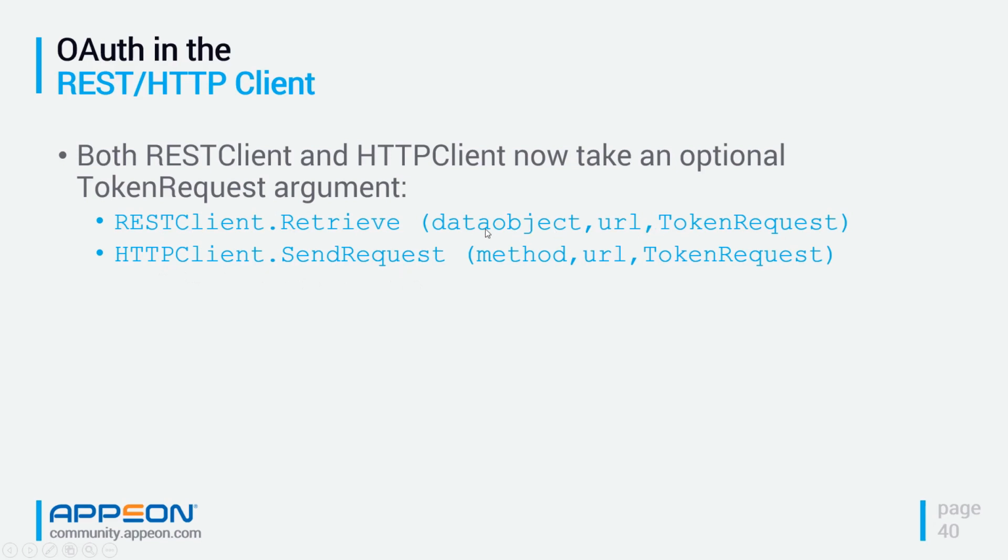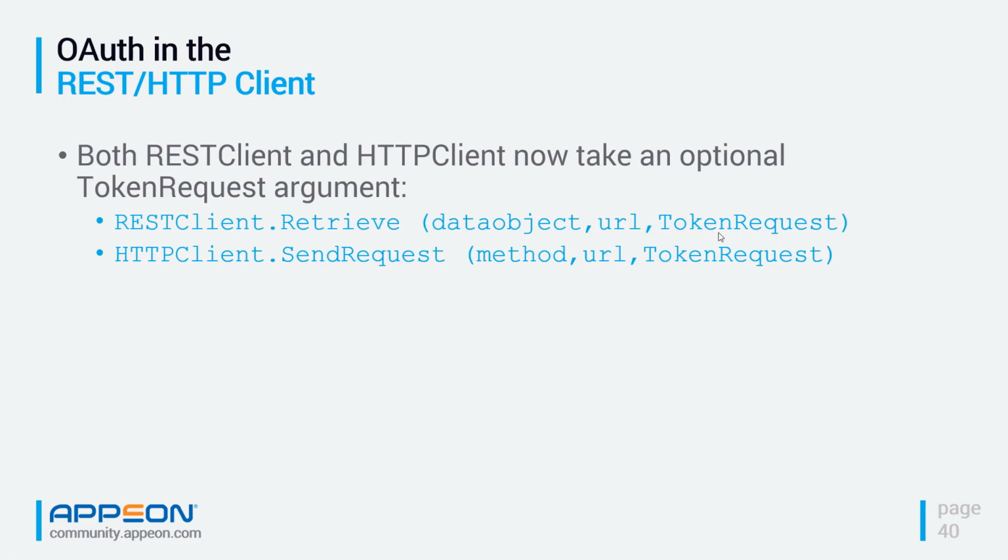Now that may make it look like every time you do a REST client retrieve you're sending a new token request. That's not actually how it works. Because you only want to send one token request and then keep reusing it on subsequent calls, what PowerBuilder does is it actually caches the token request and the response it got.